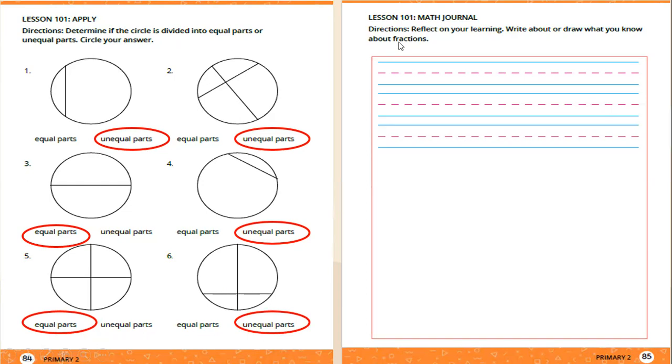Now let's move to the math journal part. Reflect on your learning. Write or draw what you know about fractions. We learned multiple things about fractions, my dear students. We learned that a fraction is part of a total. We write the part in the numerator and the total at the denominator.